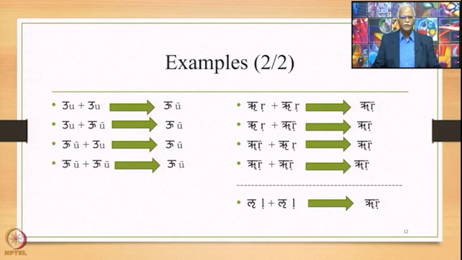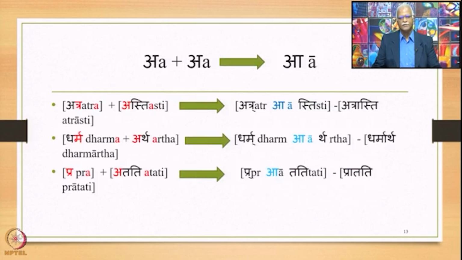Now let us look at these template examples and the specific examples in detail. So first let us look at a plus a, and the output is a. The first example is atra followed by asti. In case of this word atra, there is a coming at the end, asti has got a at the beginning. These are two different padas.